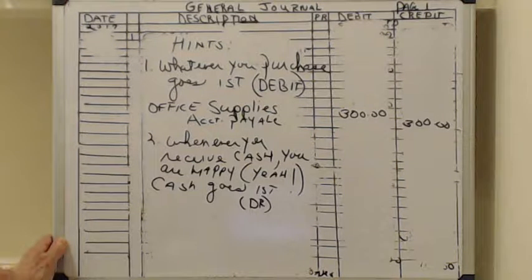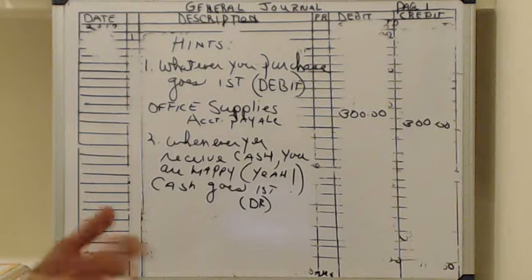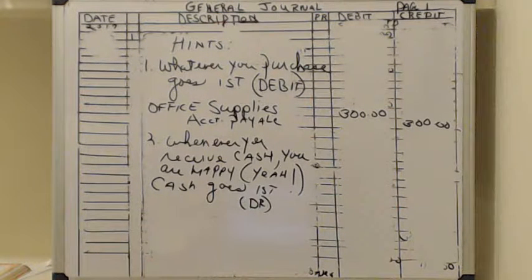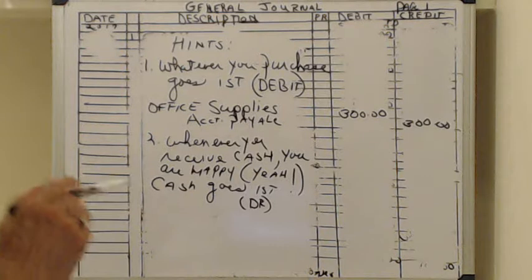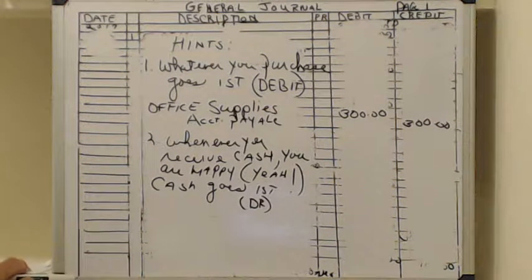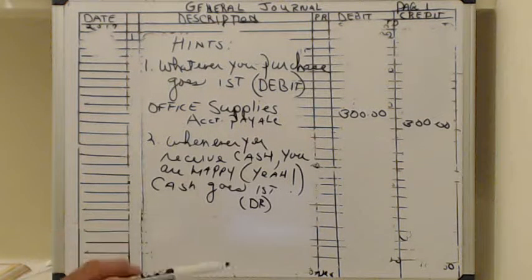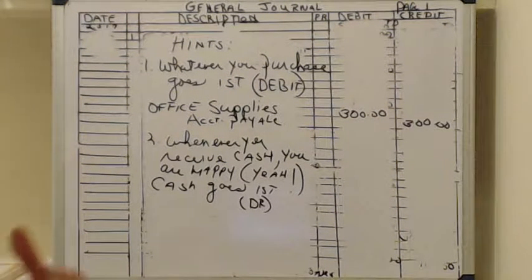Whenever the transaction says receive cash for a service performed, it's like, aren't you so glad to get money? Or don't you like to go to the mailbox and you have a check in the mail? Yay! So that's all you can think about. Cash is first. So in the exercise we just completed, we had a transaction that said, received cash for services rendered. Remember, she did an artwork.